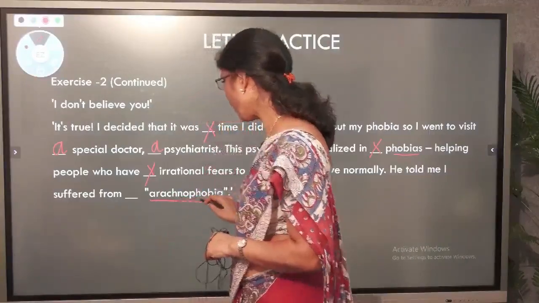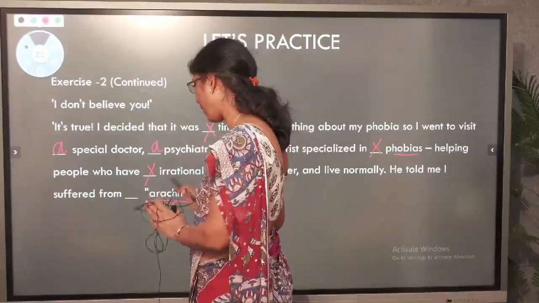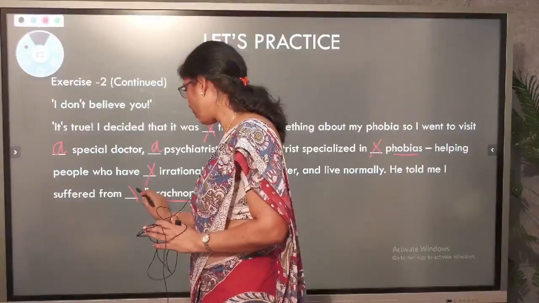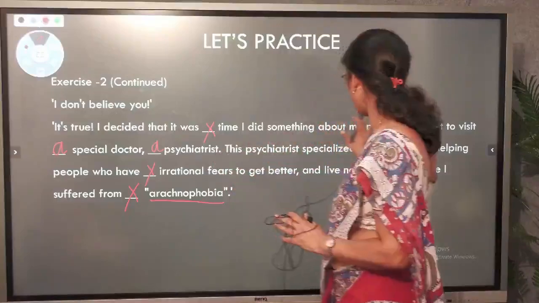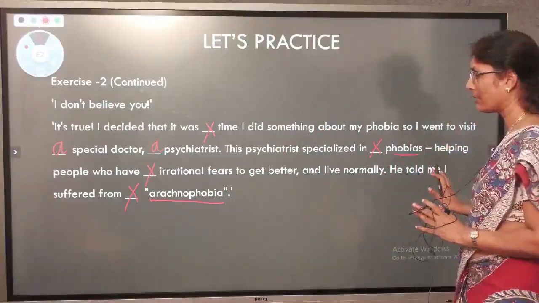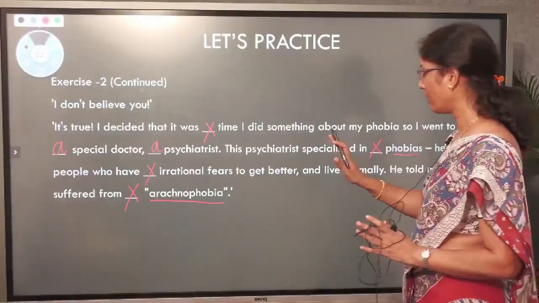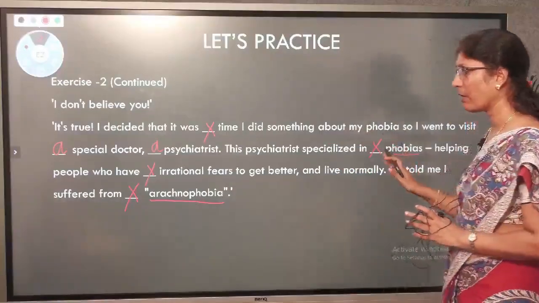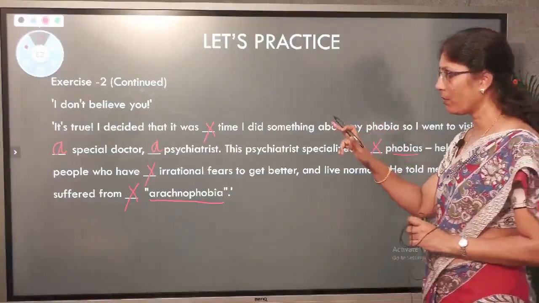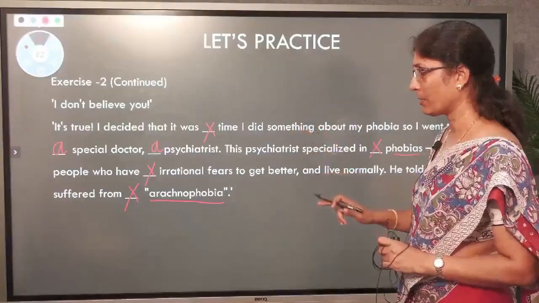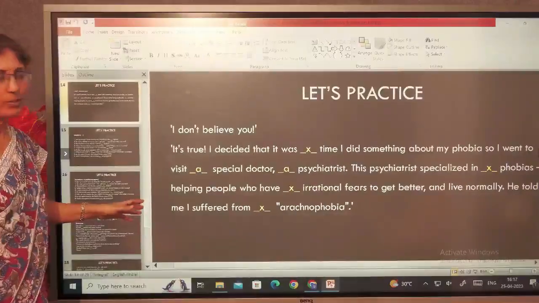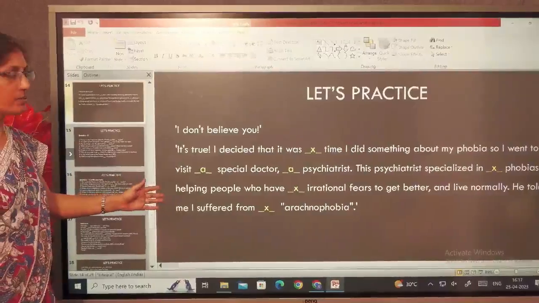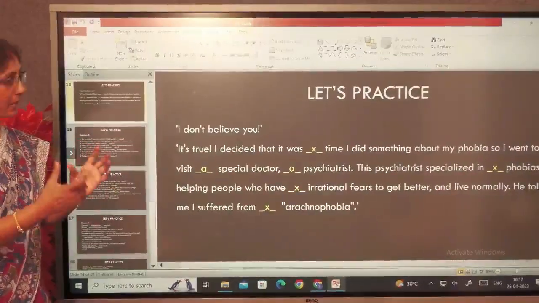It is the name of a particular feeling, that's why here we don't use any article. See, we have many blanks here, but we used articles only in some places, when it is a countable noun and it is non-specific. So far we have done some exercises on where to use articles and how to select a particular article.